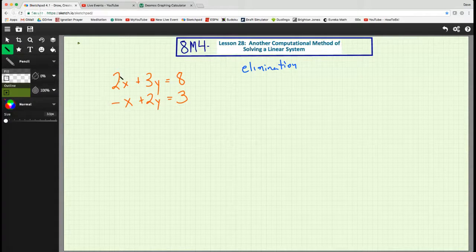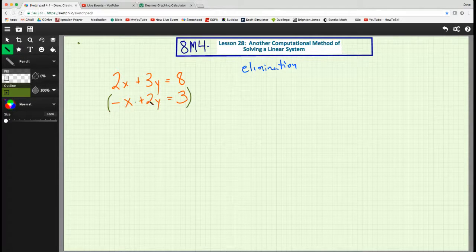So we're going to use a trick where we multiply one of our equations by a magic number that will help us eliminate the x value. So what can I multiply this bottom by to get a number that, when I add it to 2x, it will be eliminated? I want this to be a negative 2.